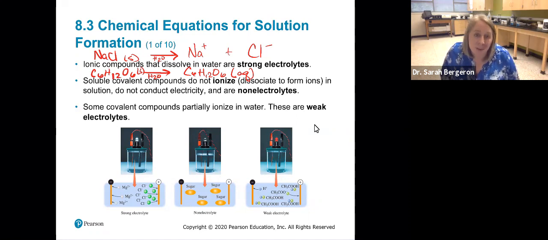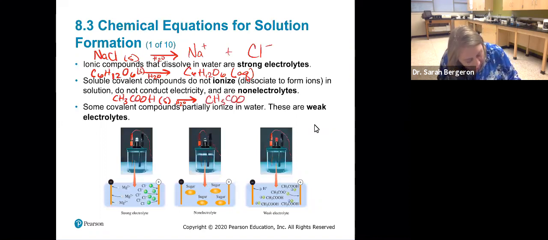And then there are some compounds that partially ionize. If they partially ionize, we call them weak electrolytes. The example they have here for a covalent compound is CH3COOH. When we dissolve it in water, what can happen is that you get CH3COO minus, and then that hydrogen pops off and becomes a plus.